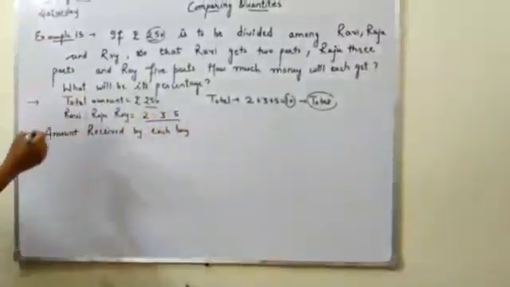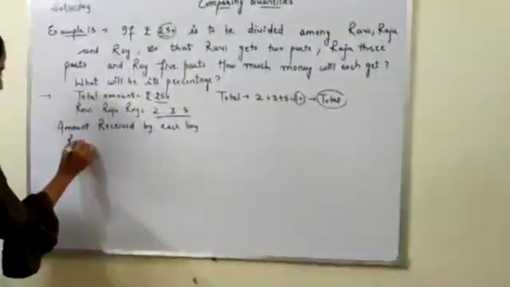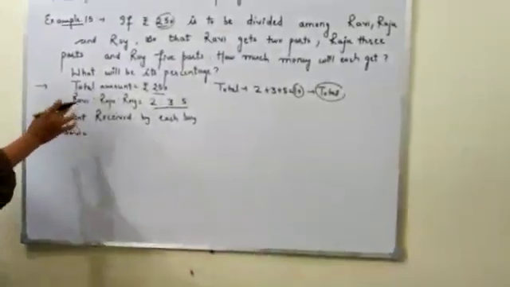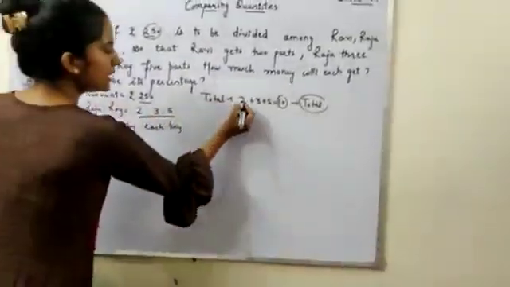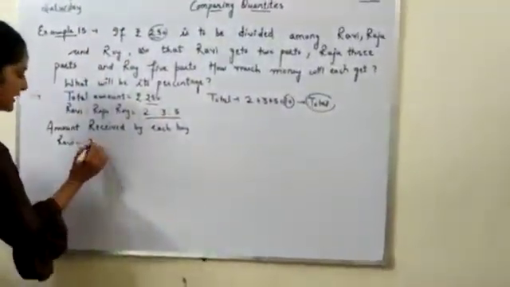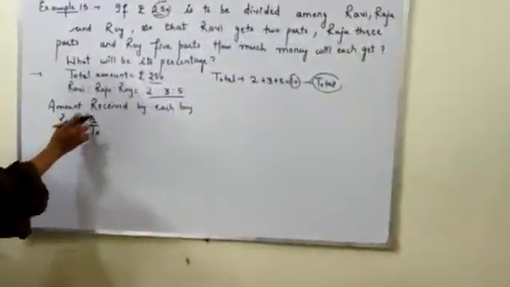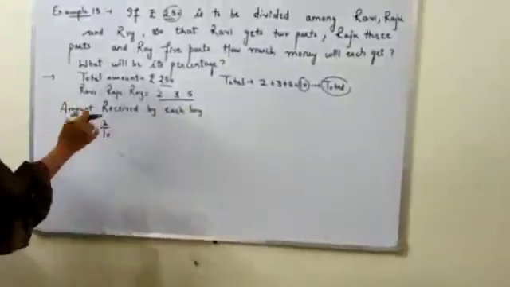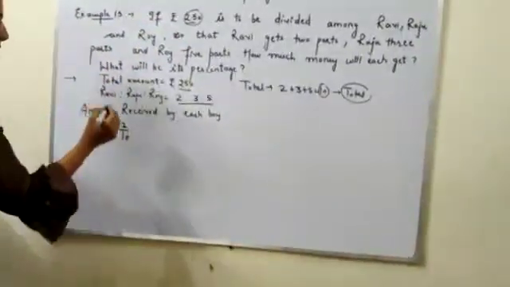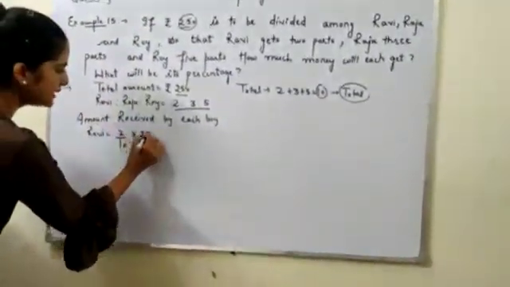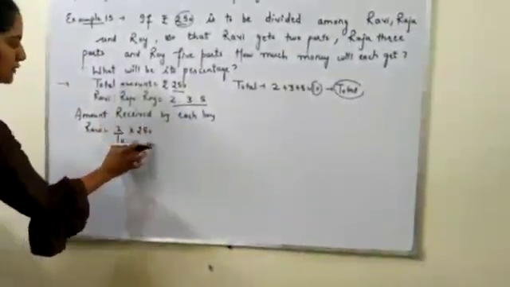Okay, let's start with Ravi. First of all, we'll write what is the part of Ravi. See, 2 is the part of Ravi, and what is the total? 2 by 10. It means 2 by 10 is Ravi's part. Now what is the total amount? 250. It means out of 250, 2 by 10 part is of Ravi.